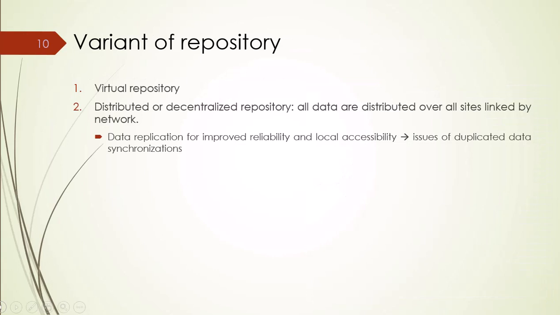A variant of repository can be a virtual repository, or distributed or decentralized. In distributed databases or distributed or decentralized repositories, all the data is distributed over all the sites linked by the network. So the network connects the different databases.